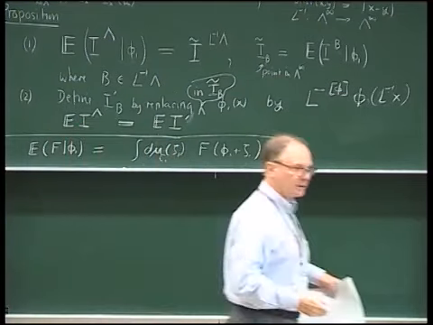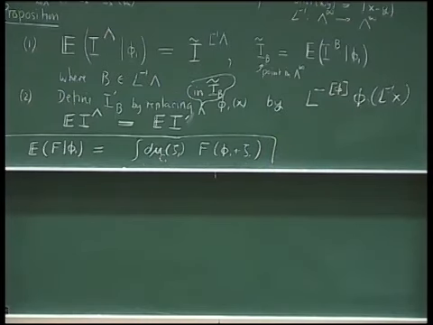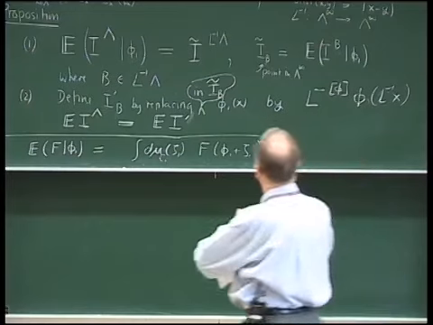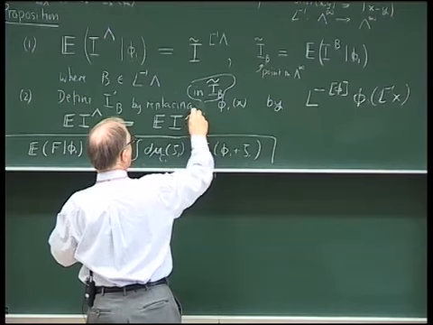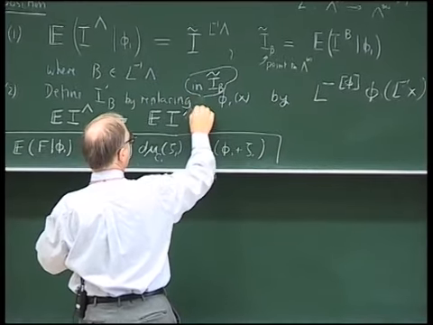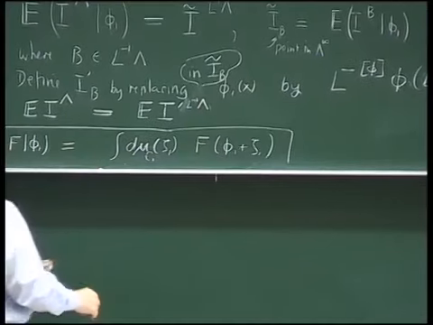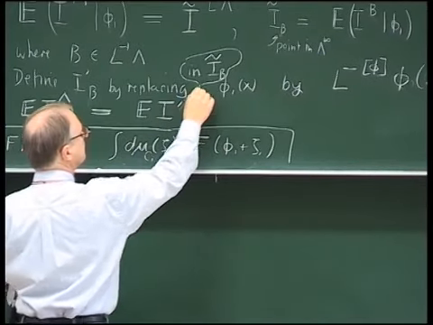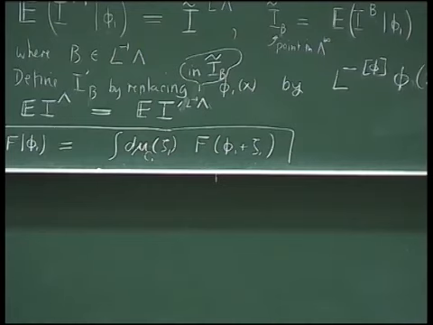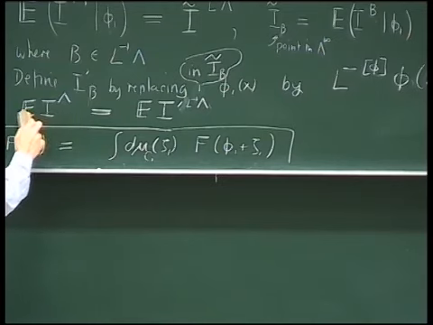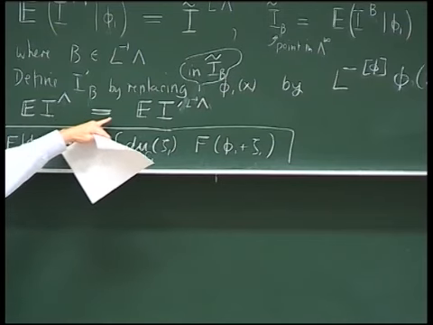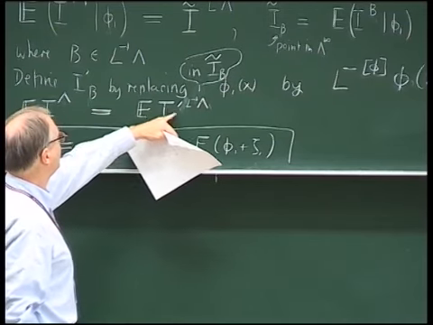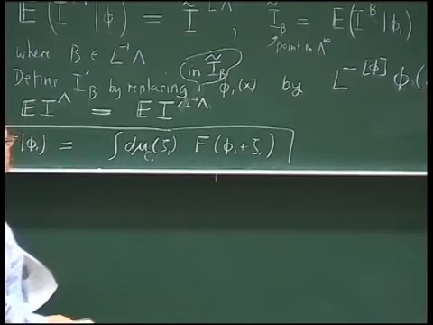Let me rub something out to make it clearer. That's the second conclusion, that the expectation we're trying to calculate, expectation of I to the lambda, is equal to the expectation of a simpler object, I prime to the power of L inverse lambda.